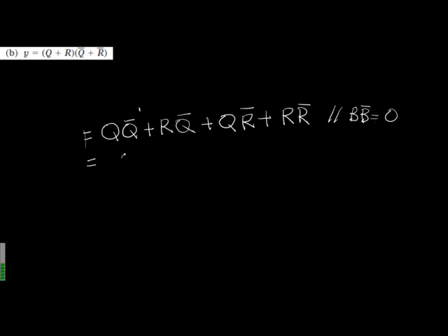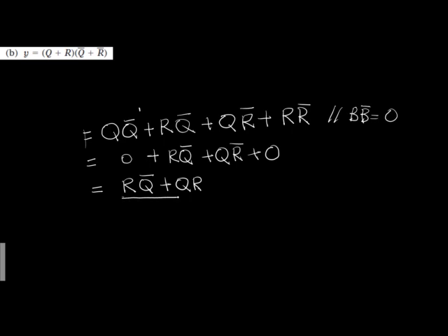So from here you can see this is a 0, or with R Q bar, or with Q R bar, or with a 0. So your final answer is R Q bar or with Q R bar. Okay, so let's go to the next question.